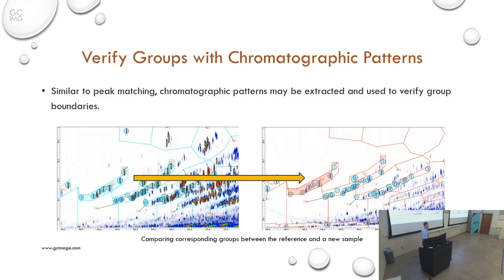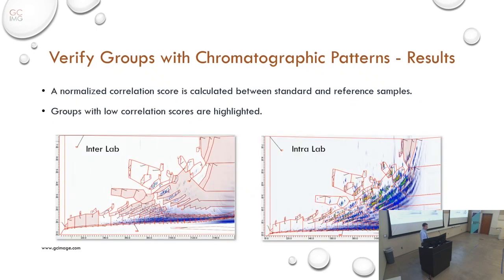And finally, we wanted to verify those resulting group boundaries. Again, we can use computer vision for this. So we take the corresponding groups between the reference and the sample chromatogram and take the enclosed data and do a visual comparison using the same metric we'd been using previously.